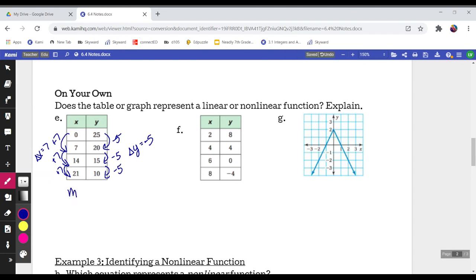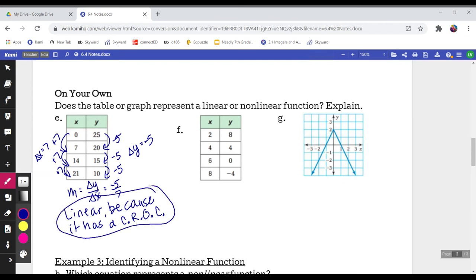So this has a slope, change in y divided by change in x, of negative 5/7. So this is linear because it has a constant rate of change. Letter F. Let's find the differences in x.